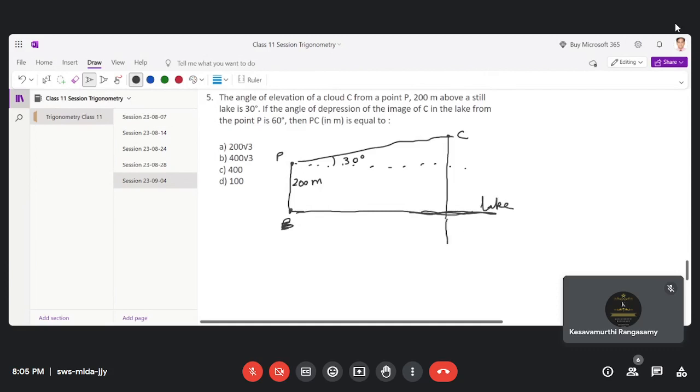So the image of the cloud is going to be here, such that, let us say C D E, CD will be equal to DE. So now the angle of depression of this point is 60 degrees. So this is the diagram.